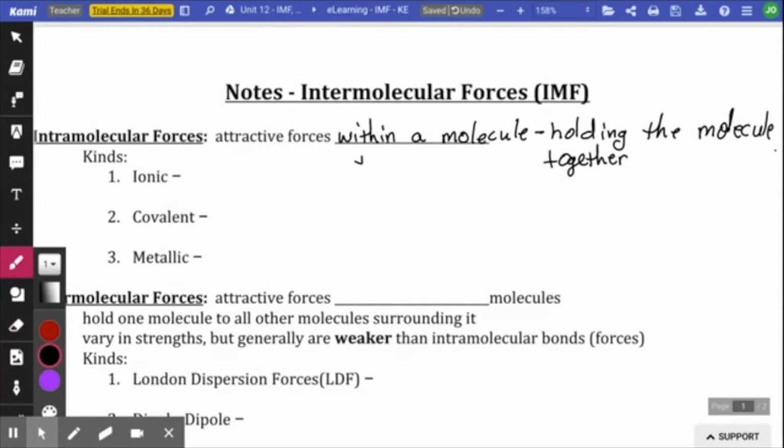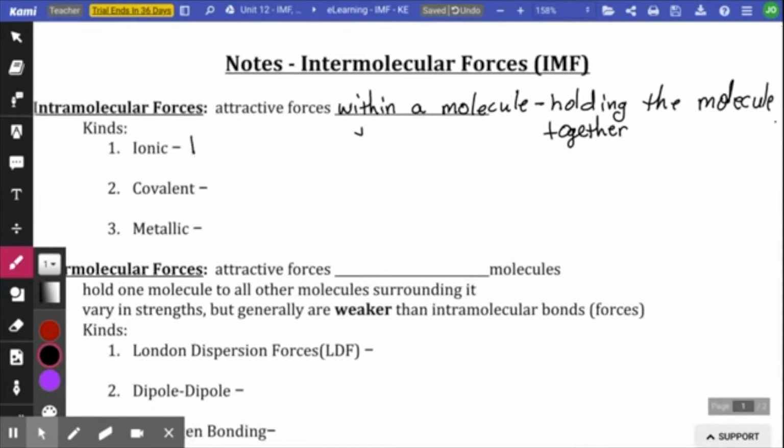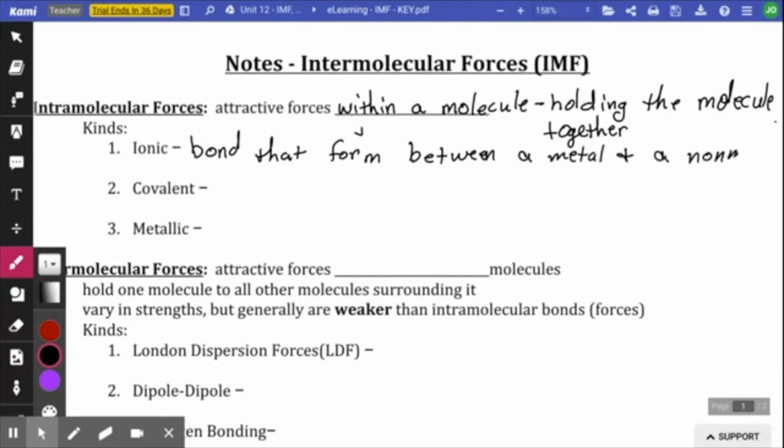First off, ionic is a bond that forms between a metal and a nonmetal. This bond happens because of the big difference in their electronegativity.